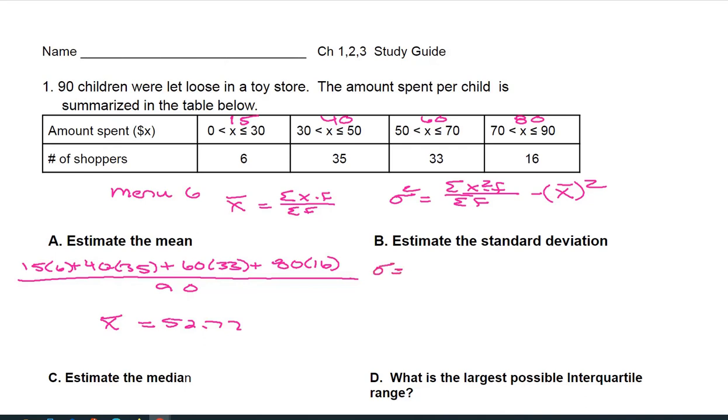Standard deviation is equal to, put a nice big square root sign, and then it's going to be 15 squared times 6 plus 40 squared times 35 plus 60 squared times 33 plus 80 squared times 16.